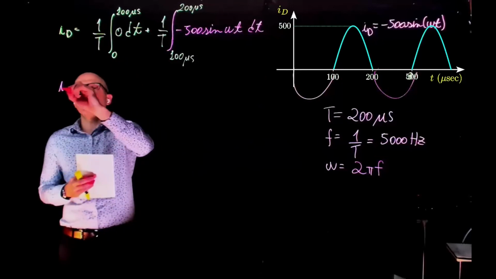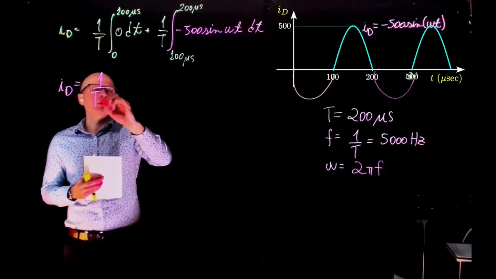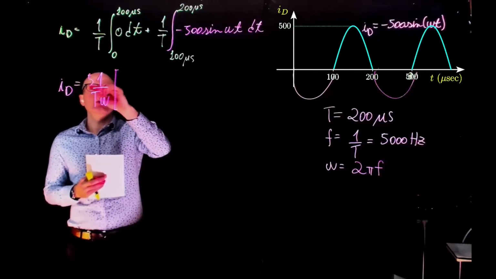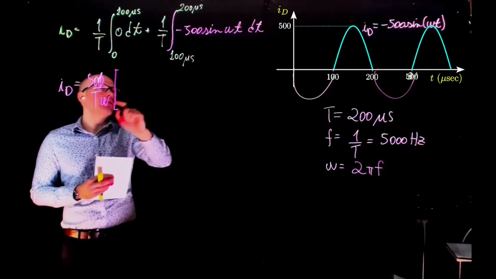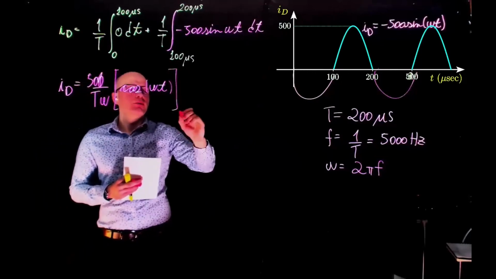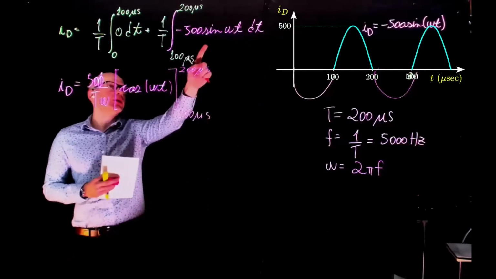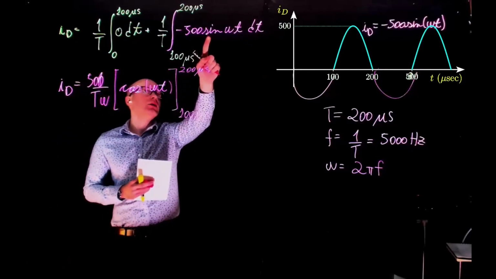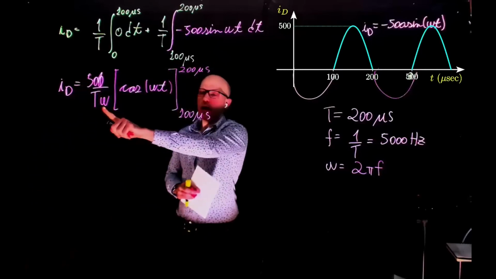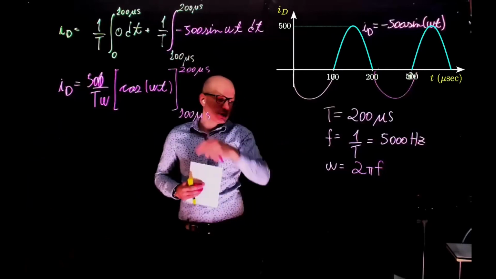The second part becomes 500 over T omega times cosine of omega t, from 100 microseconds to 200 microseconds. When you take the integral of this, that becomes cosine over omega, hence omega here. And this 500 is the 500 there, and it becomes negative cosine, so the negative sign disappears.